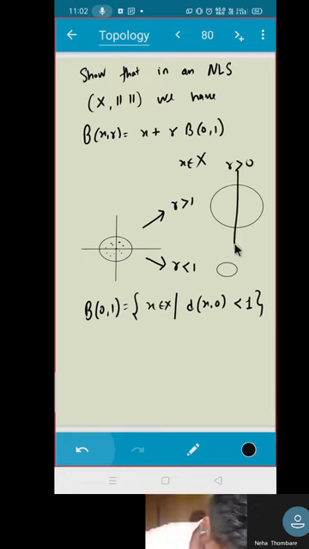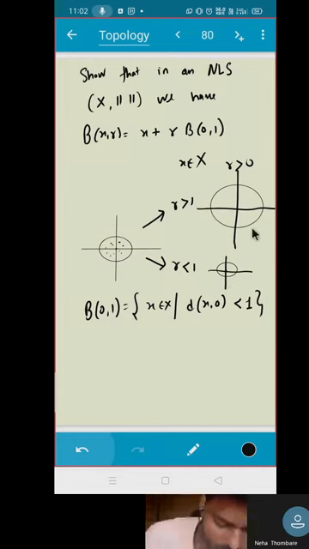Here the center is the same. The center is the origin, but if you put x, then it will change. That is quite easy to see. Is that okay? Do you understand this? This is called contraction.